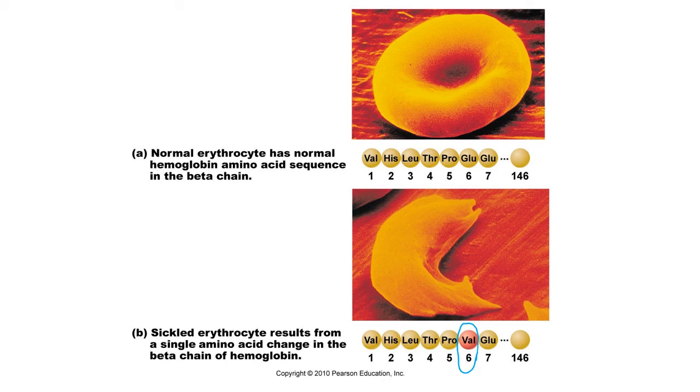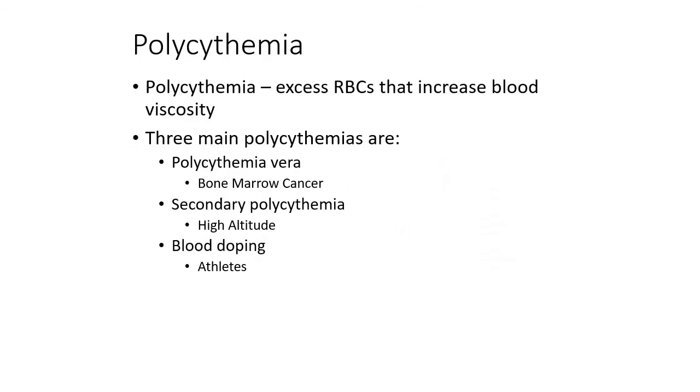And so we get a difference in the hemoglobin, a change in that protein, and that leads to the sickling of the cells themselves. Then they start to get caught in places within the body, and you get joint pain and oxygen problems within the body as well. So those were all basically problems with production.